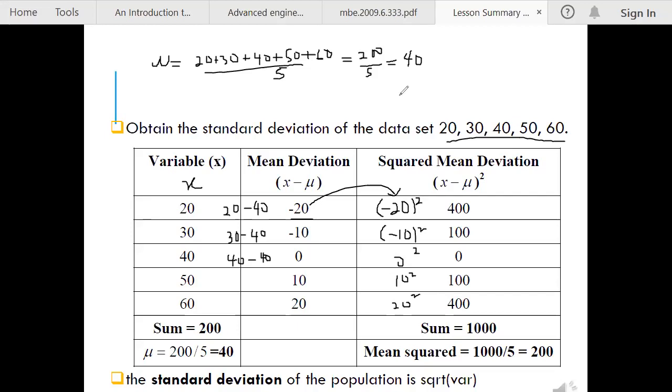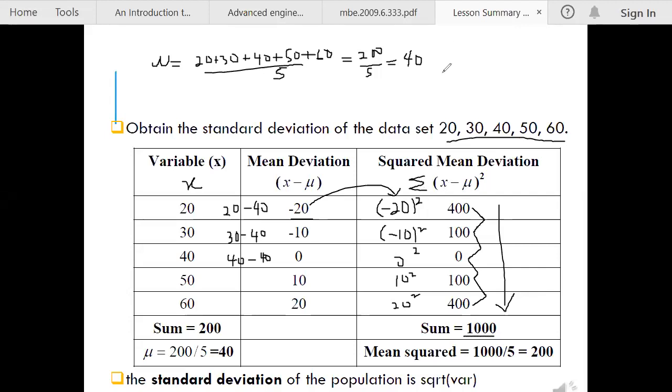You will notice that 20 squared is 400, 10 squared is 100, 0 squared is 0, 10 squared is 100, 20 squared is 400. Then, because the formula says summation of the square deviates, we sum everything up: 400 plus 100 is 500, plus 0 is 500, plus 100 is 600, plus 400 is 1000. So the summation will be 1000.